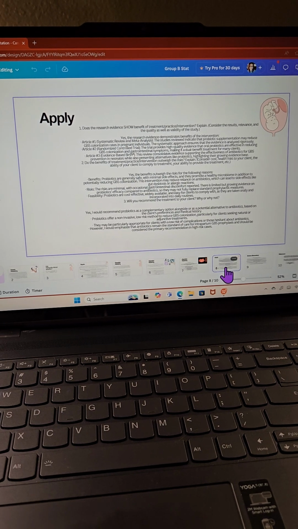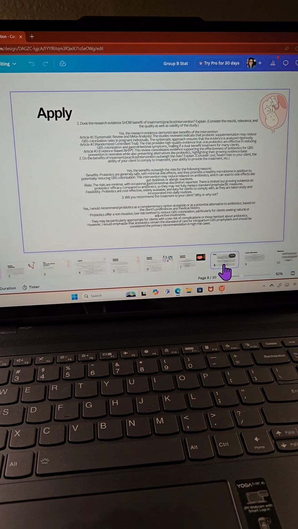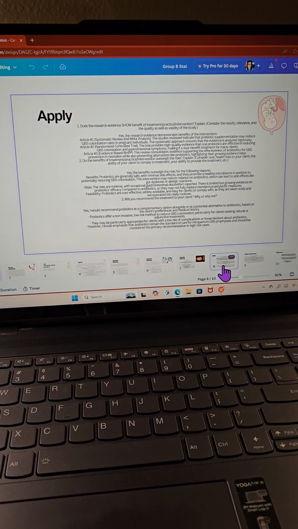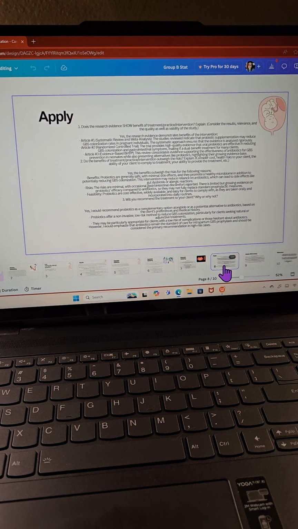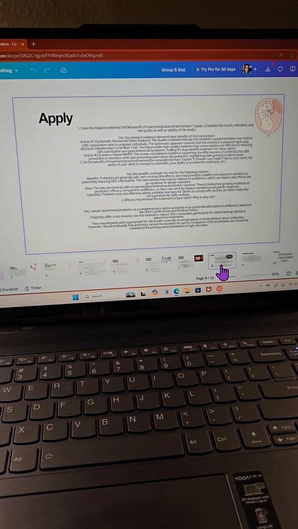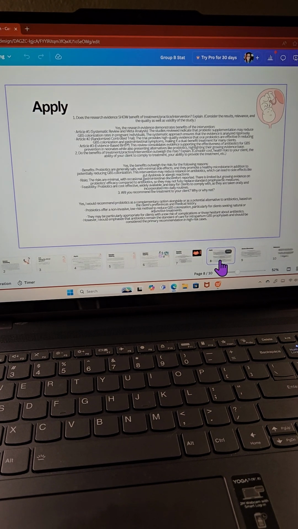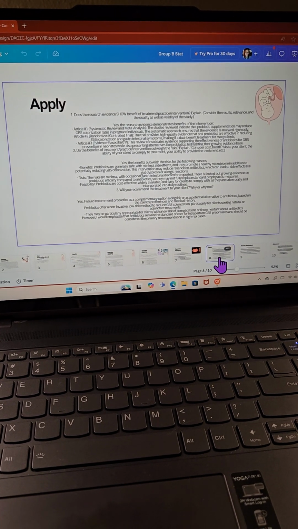The benefits outweigh the risks. When it comes to probiotics versus antibiotics, you've got minimal side effects. They promote a healthy microbiome in addition to potentially reducing GBS colonization, and the intervention may reduce reliance on antibiotics.